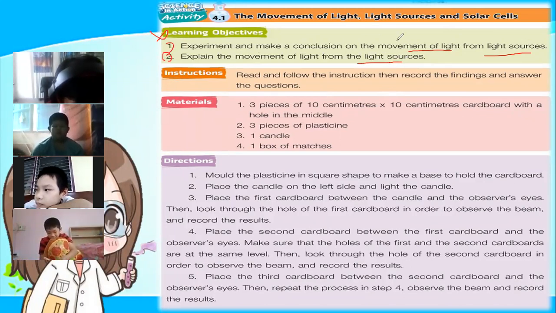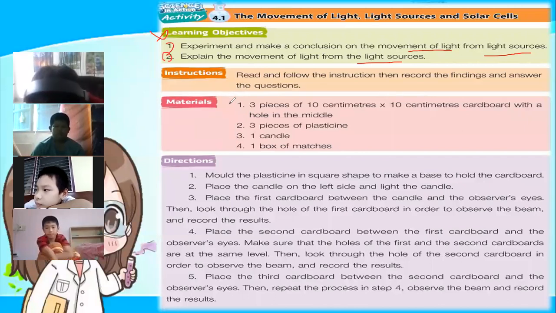To perform this experiment, we have to follow some instructions. Read and follow the instructions, then record the findings and answer the questions.